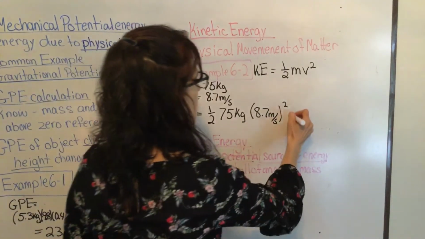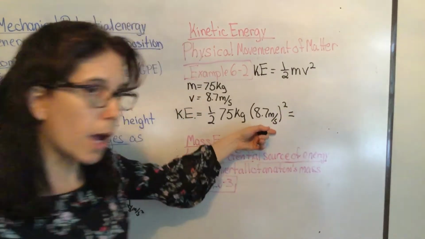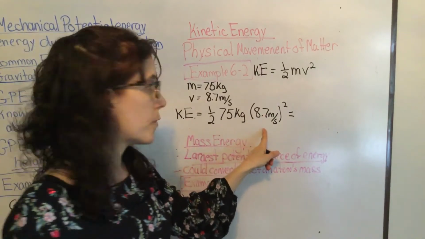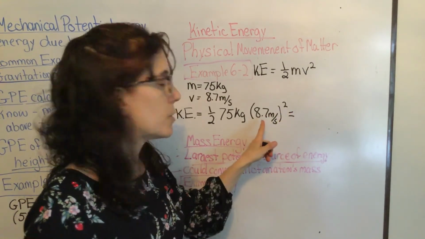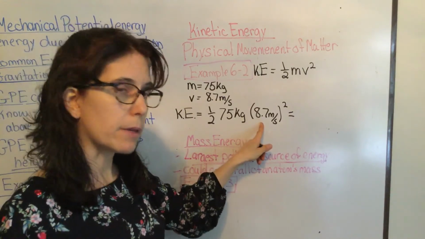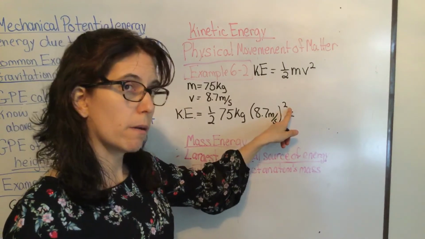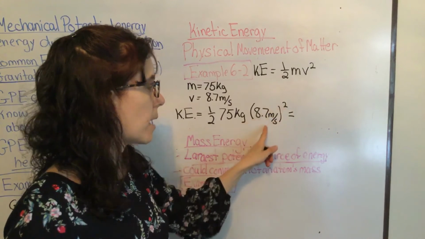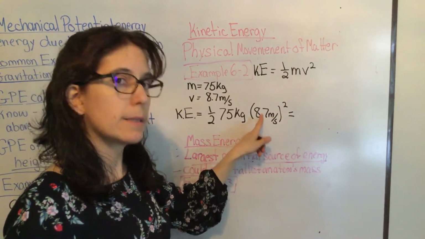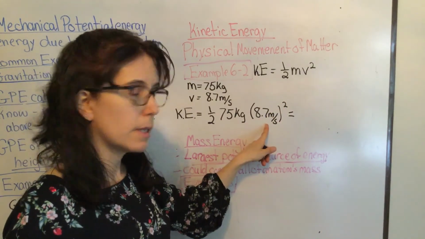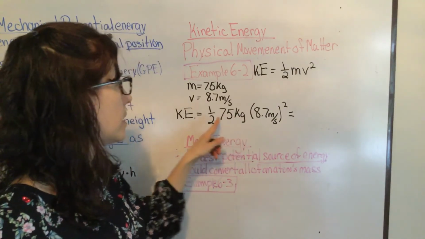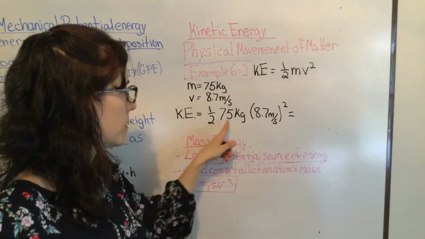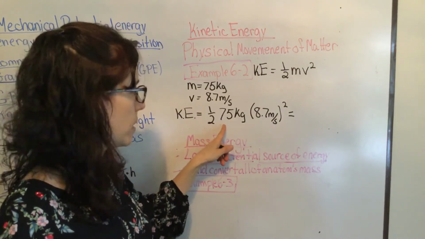All right, so when we do this problem, remember order of operations. We always start with an exponent first. So you need to go 8.7 squared on your calculator, or put 8.7 times 8.7, then times 75, then divided by 2, or times 0.5, either way you want to put it.